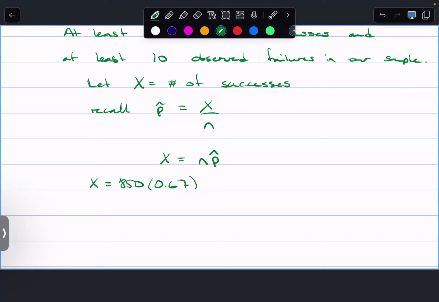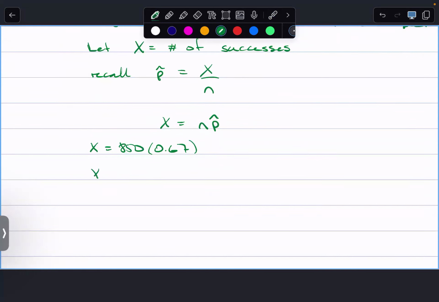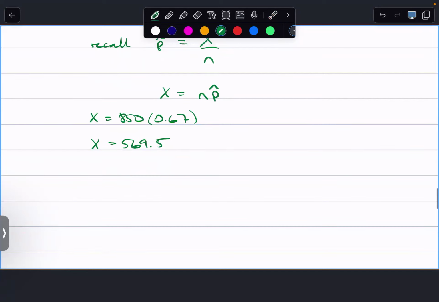My trusty calculator. I get 569.5. I'm not going to round it, because it is due to rounding the 0.67, and so I'm just going to keep it. But what I'm checking is that this is greater than or equal to 10, and that's a good thing.